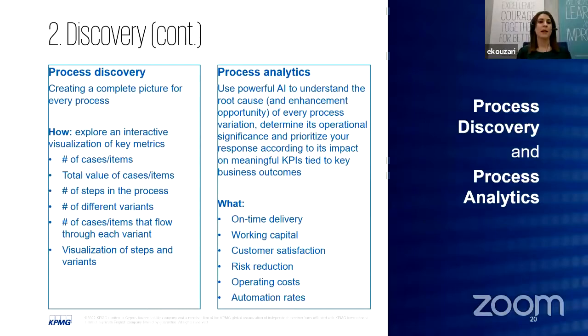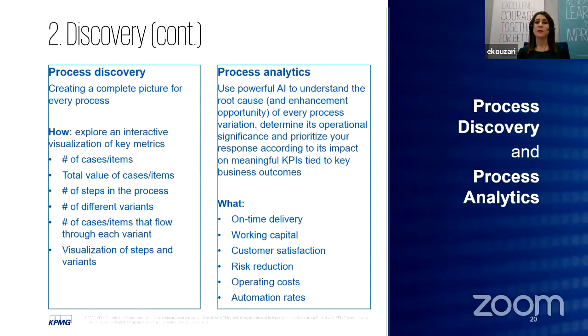Process discovery creates a complete picture for every process by exploring an interactive visualization of key metrics. These key metrics that we can see here are available in every process mining solution. We can see at any given time the number of cases or items that are investigated and are part of this specific analysis.